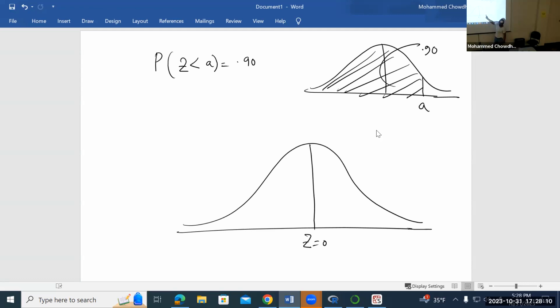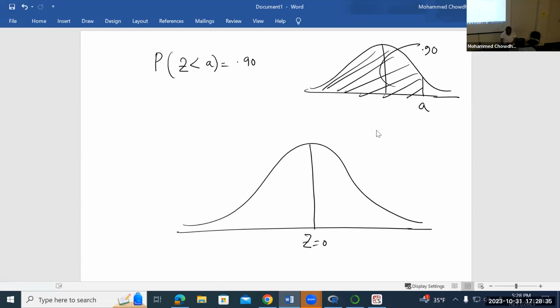That means probability equal to 1. So this is 50%, that is 50%. Clear, right?